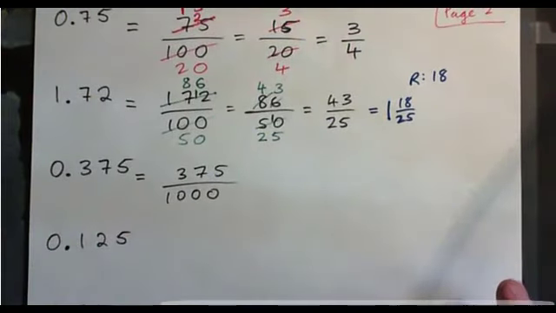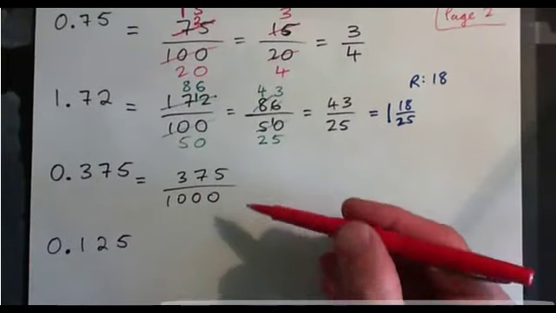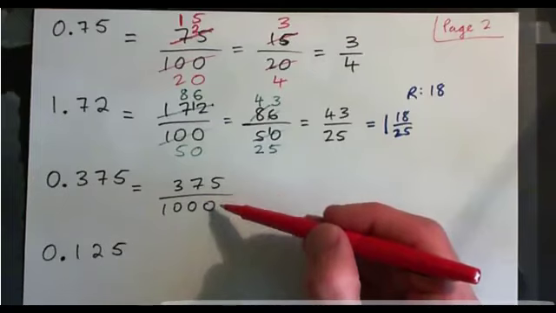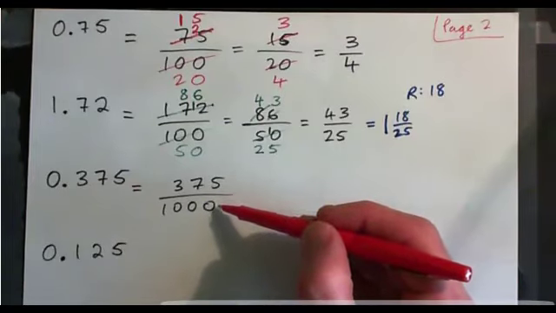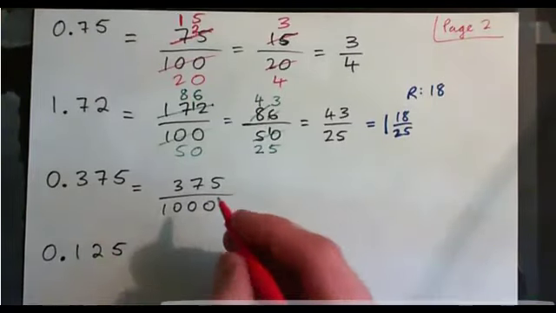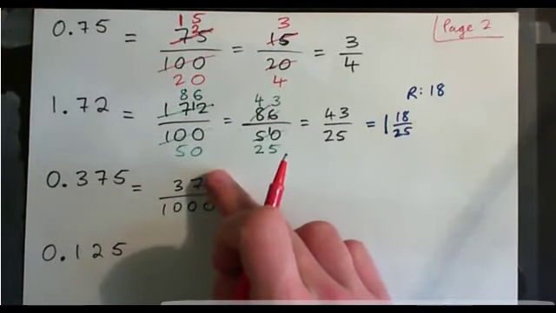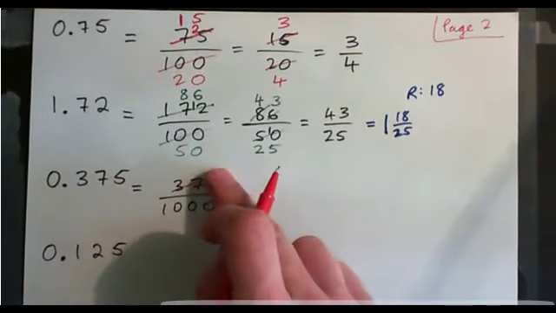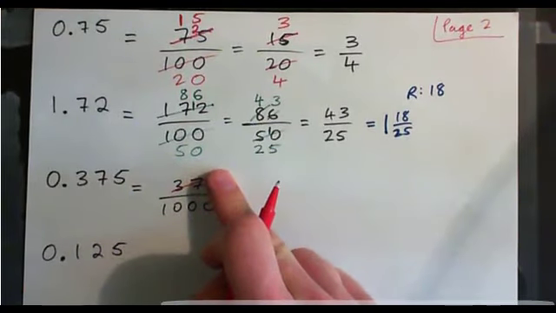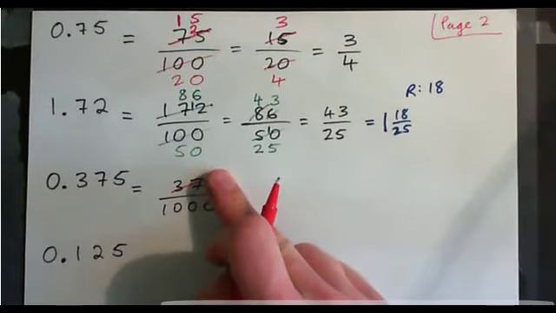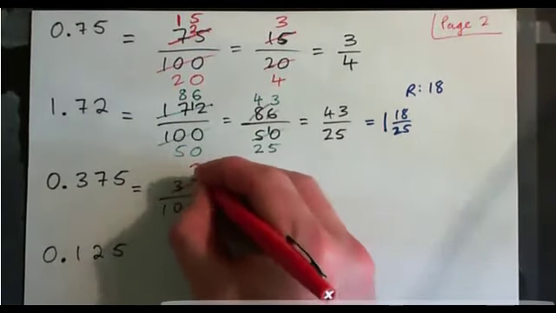Now let's put it in lowest terms. This number ends in a 5, so I know 5 goes into this top number, and this number ends in a 0, so 5 must go into the bottom too, obviously. So watch this. 5 into 37. What does that give you? 5 into 35 is 7, isn't it?